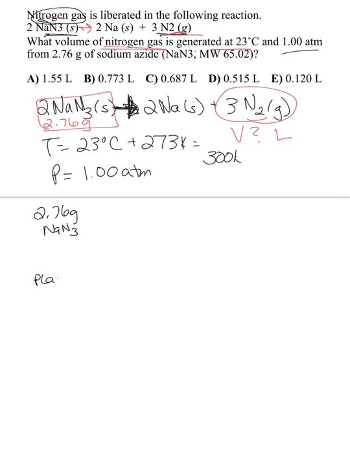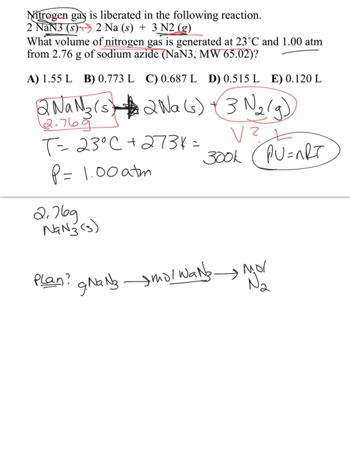What's the plan? You're going to go from grams of sodium azide, which is a solid, to moles of sodium azide, because you cannot go from grams to moles of a different substance. And since we're at moles of sodium azide, then we can go to moles of nitrogen. When you're doing PV equals nRT, you cannot do that on a solid.